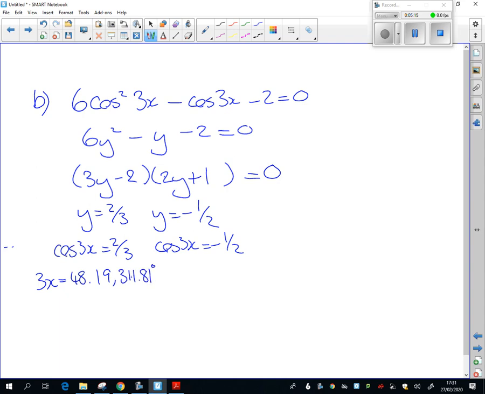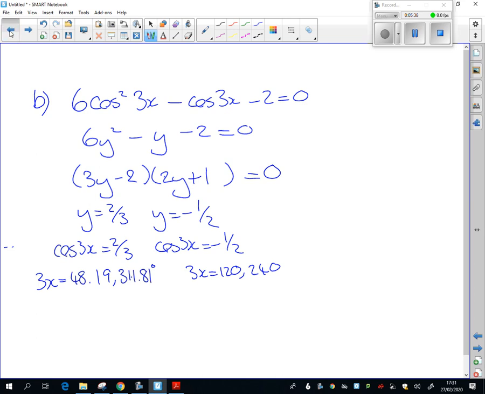If I inverse cos minus a half, I'm going to get 120 degrees. And if I do 360 minus 120, I'm going to get 240. And then if I divide each of those by 3, I'll check back to the original.